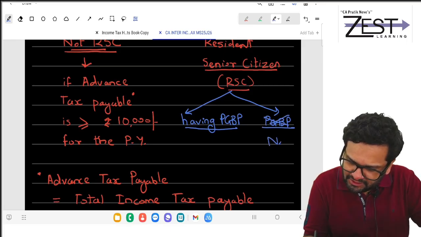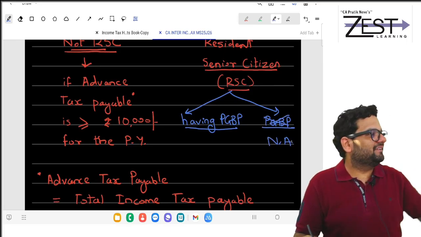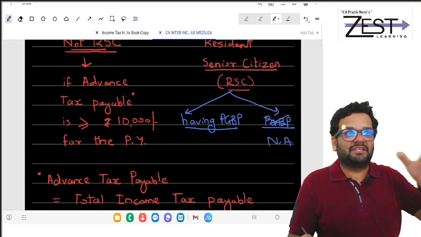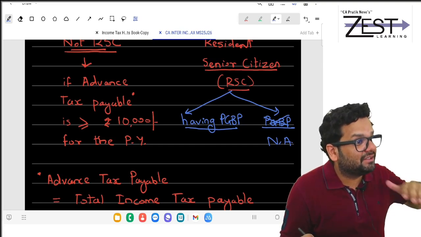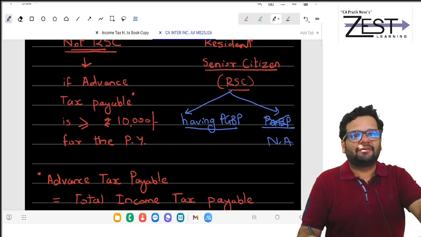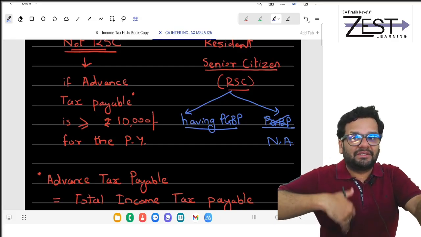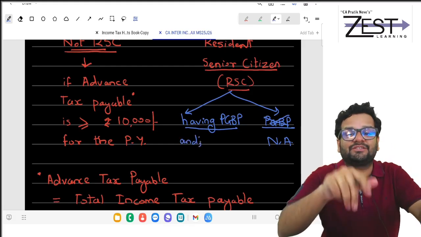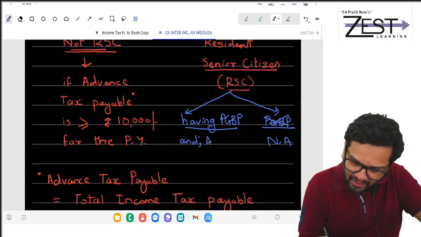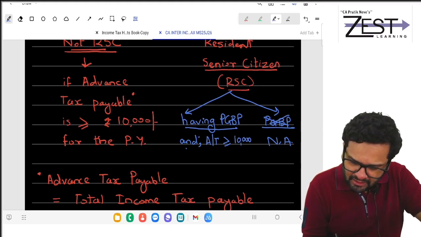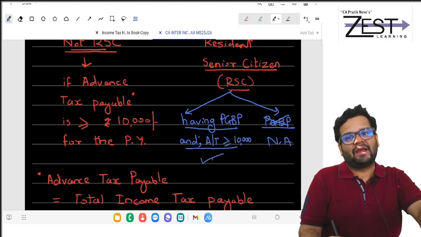If the senior citizen does not have PGBP, advance tax is not applicable. But if he has PGBP, if that senior citizen is a businessman and advance tax is more than or equal to 10,000, then advance tax provisions are applicable. Simple.